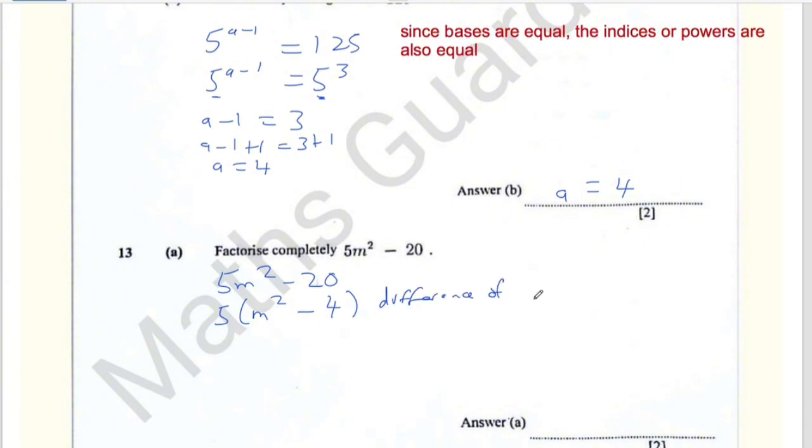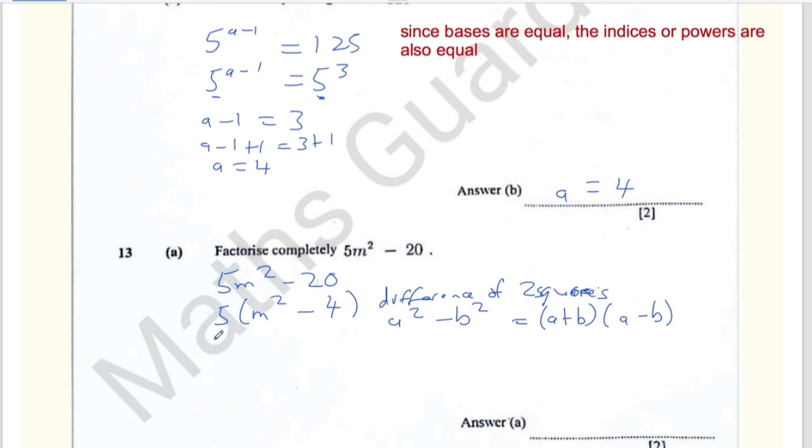This is a special factorization, a difference of 2 squares. A difference of 2 squares is one in which one factor is a plus b, and the other one is a minus b. Let's say your original expression is a squared minus b squared.